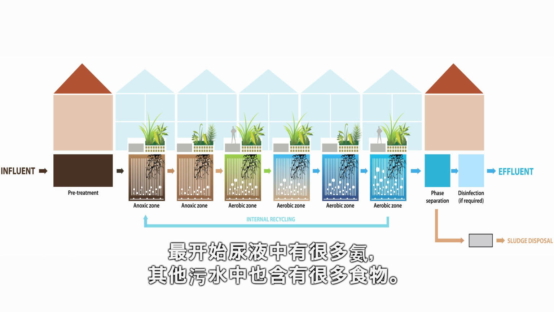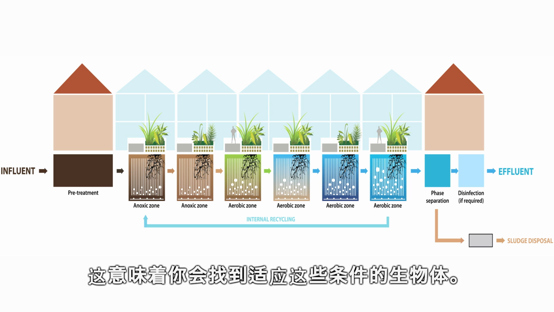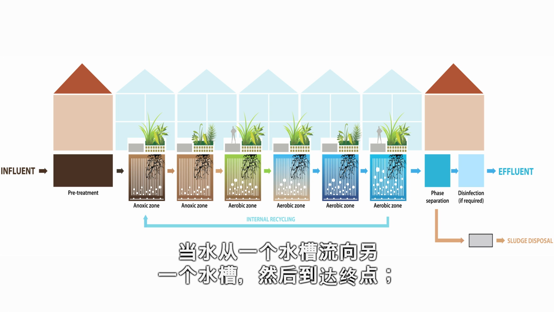As the water makes its way from left to right in these reactors, and notice that there are at least 6 reactors in a series here, different ecologies, different communities will develop in each tank. So let's take the example. In the beginning, there's a lot of ammonia from urine, and then there's a lot of food from the other stuff. That means you will find organisms that are adapted to those conditions.